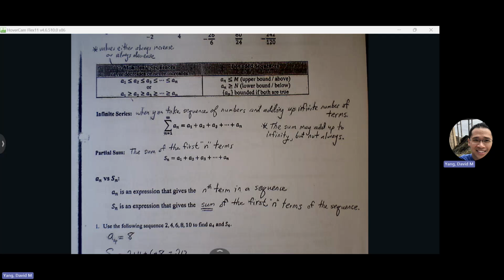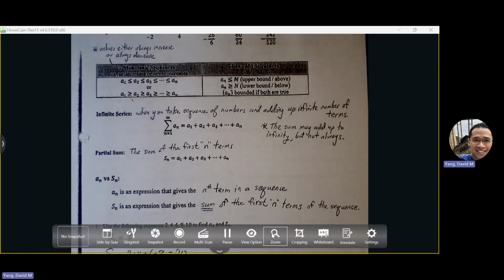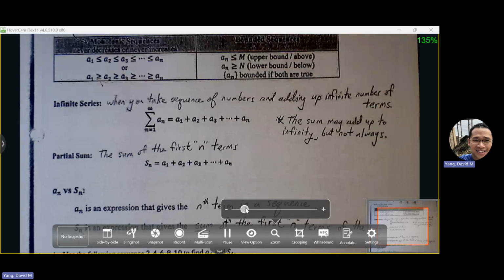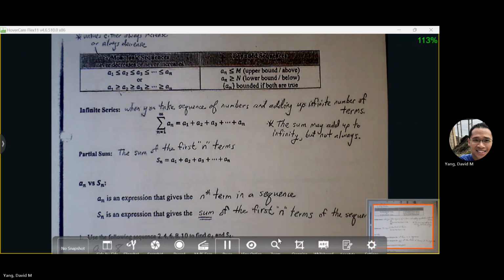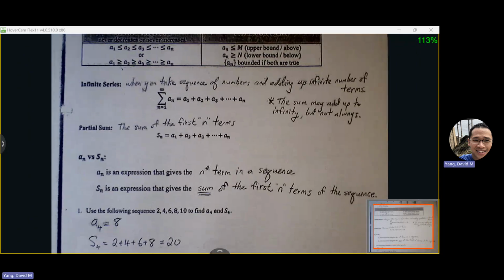Sometimes the infinite series can be converging, which means that if I keep adding terms, it's still headed towards a predictable numeric value. But sometimes, depending on how large the next value is, it may sum to be infinite. If a series sums to be infinity, we call that a diverging series. But if it sums to be a real number, we call that a converging series.